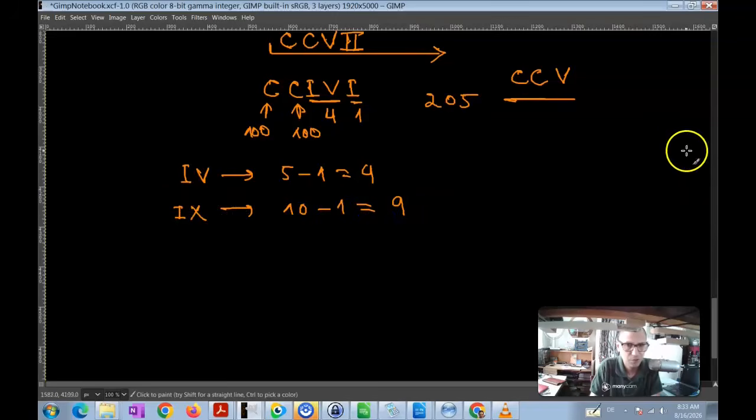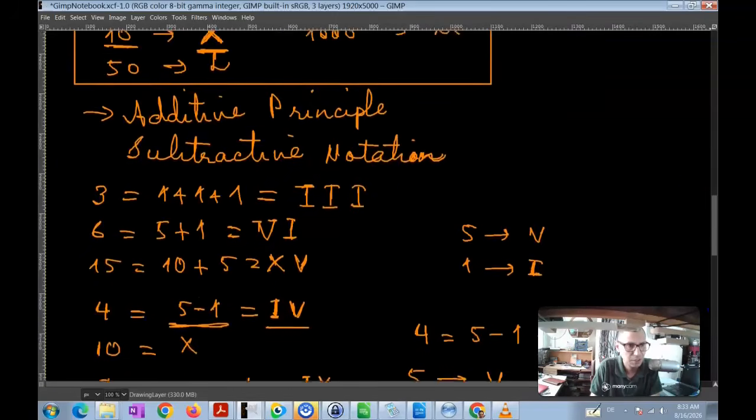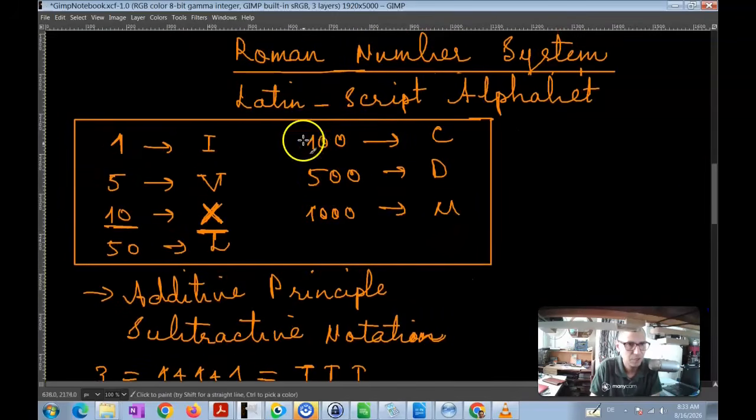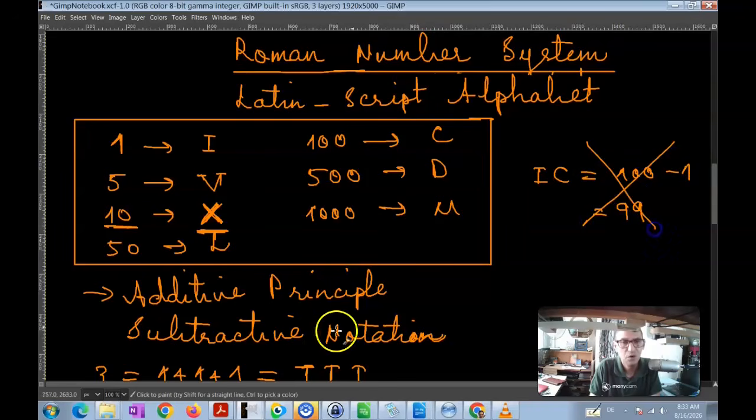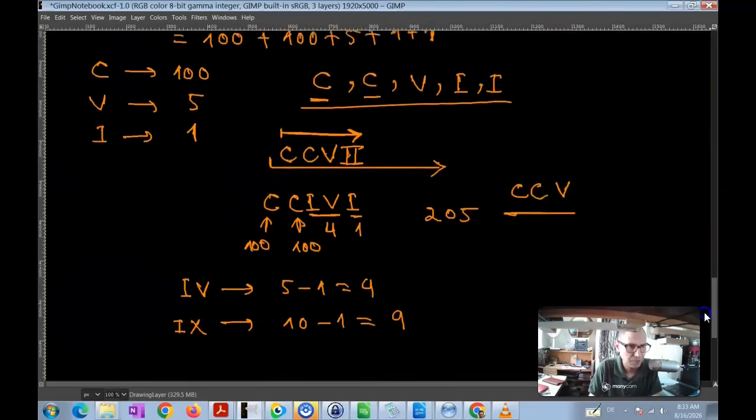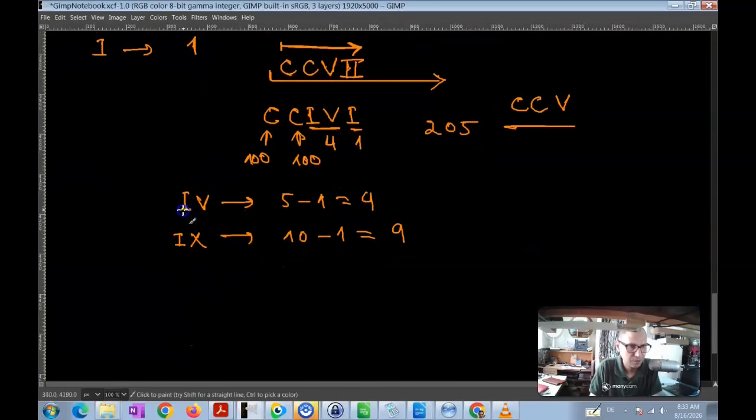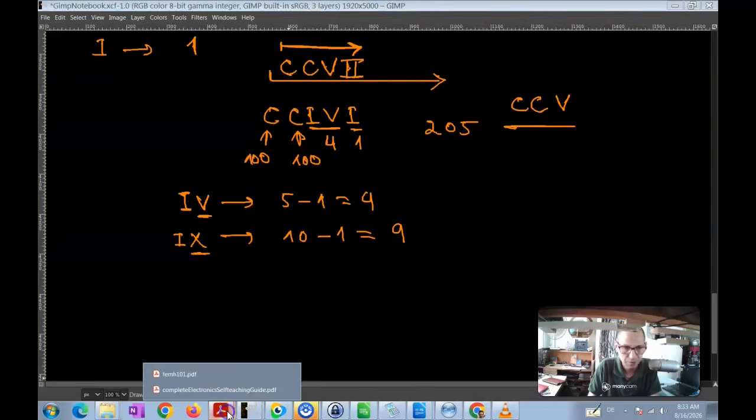But of course you cannot write something like 99 as an I and a C to mean 100 minus 1, which is 99. This is wrong. For 99, you have to write it in some other way. The symbol I can be subtracted only from a 5 and a 10.